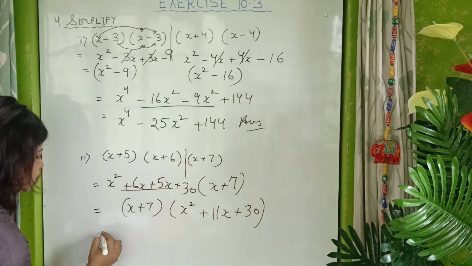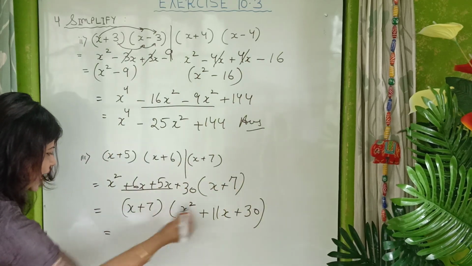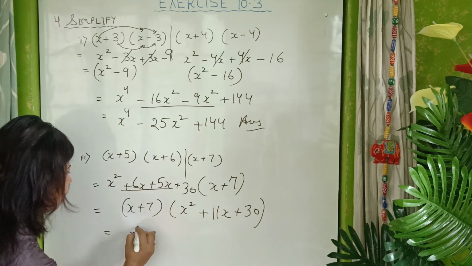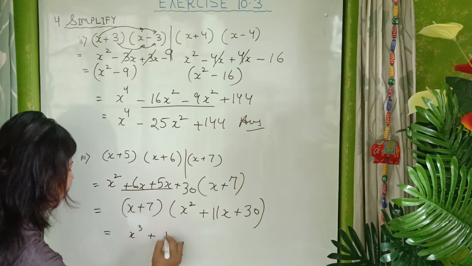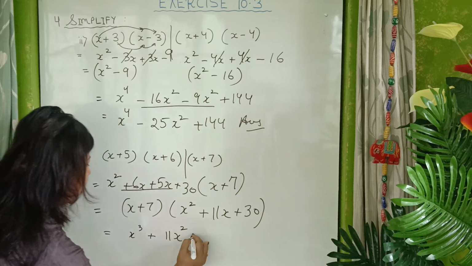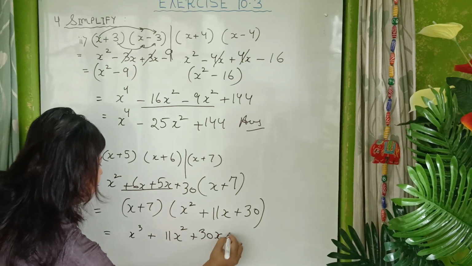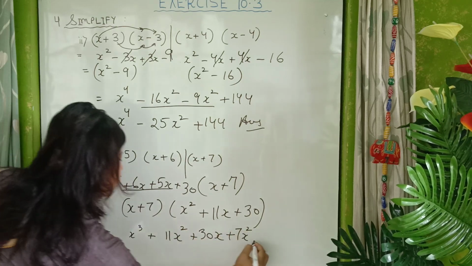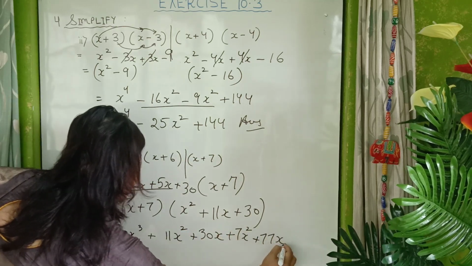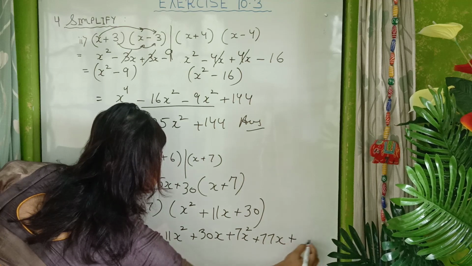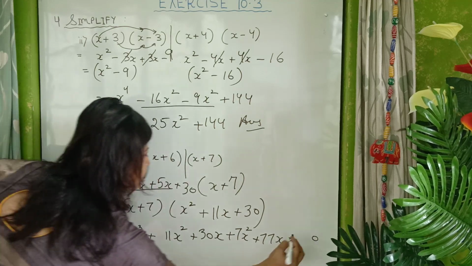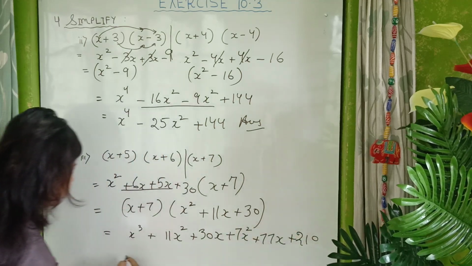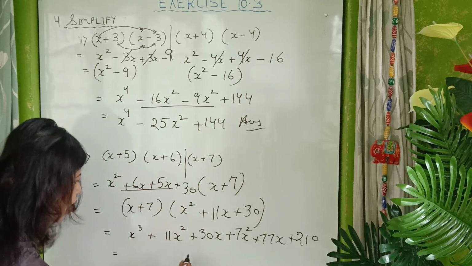Now continue the process of multiplication. First with x, then with 7. So x to the power 3 plus 11x square plus 30x, plus with 7, 7x square plus 77x and the last one plus 7 0 the 0, 7 3s are 21. That is equal to. Now hunt for like terms.